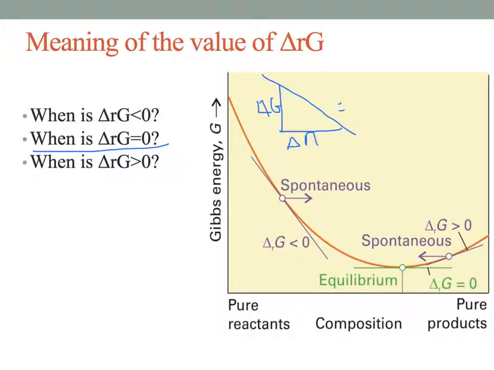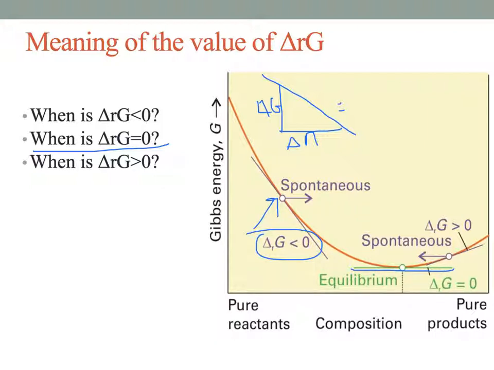So looking at the first one where the slope is negative, the reaction Gibbs energy here is less than 0. The slope is negative, and we have a spontaneous reaction. So anytime the reaction Gibbs energy is less than 0, then we have a spontaneous reaction. We've already talked about when the slope is flat, and that means that delta reaction G is equal to 0, so therefore we have an equilibrium condition.